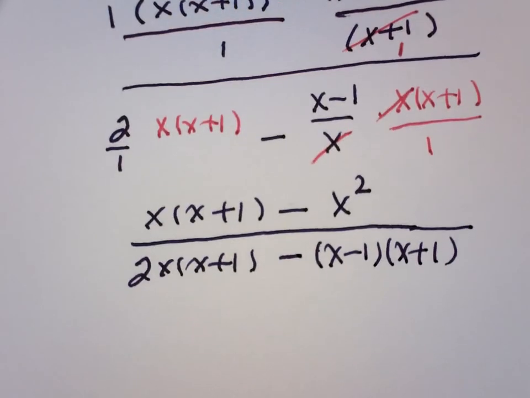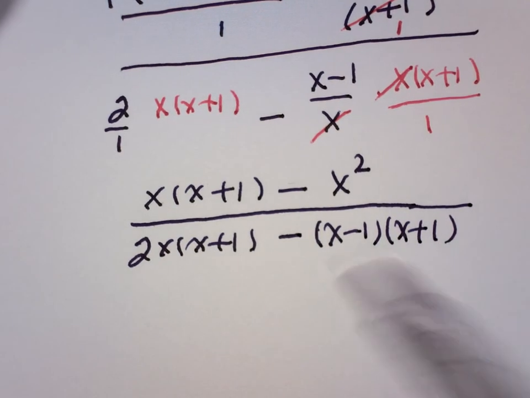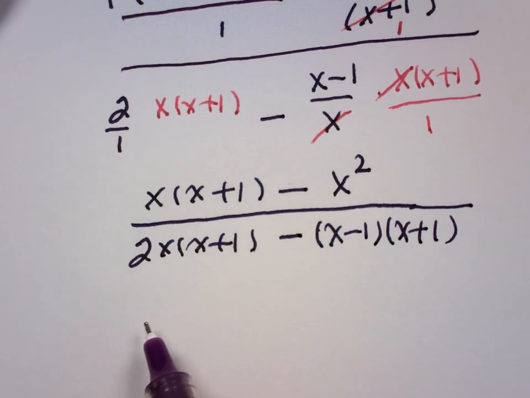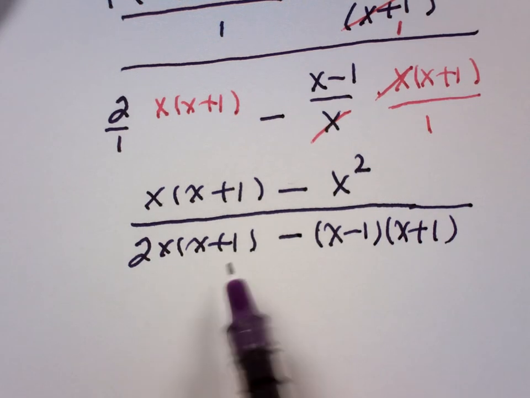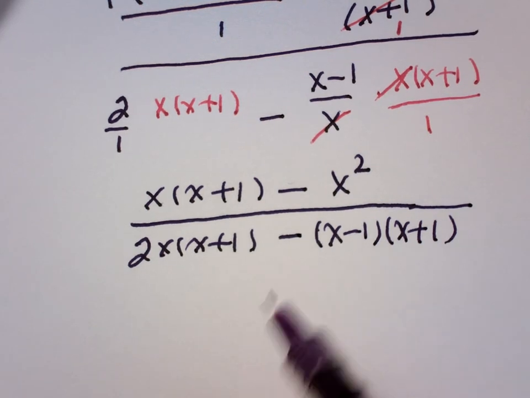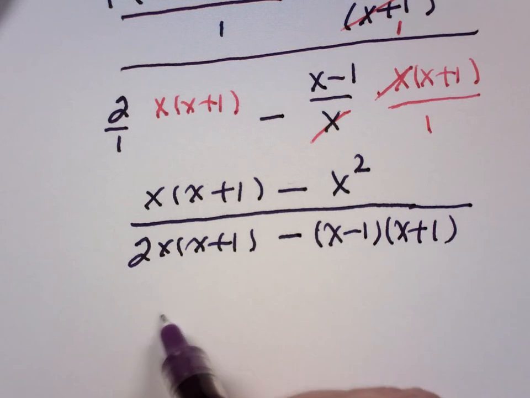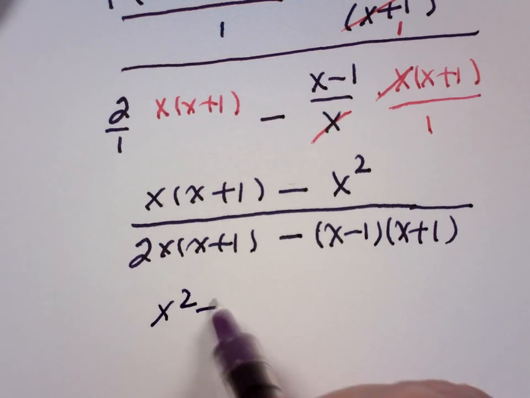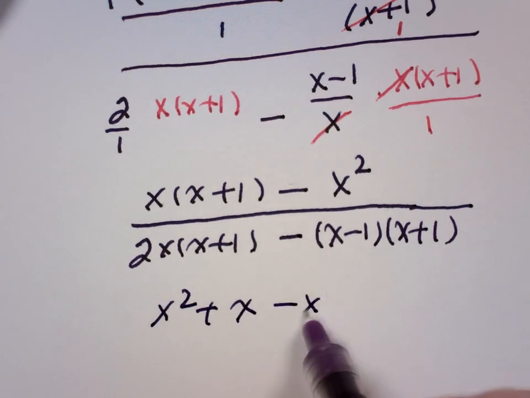Now I get to simplify the sucker. So the numerator, to me, this is probably not as simple as the top one would have been. This becomes x squared plus x minus x squared.